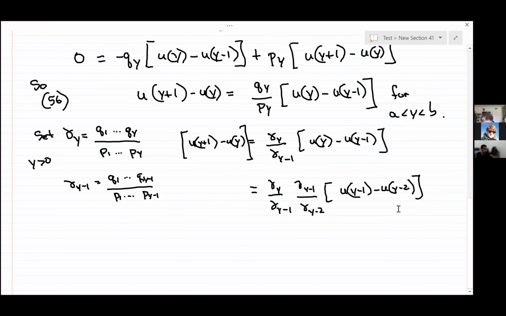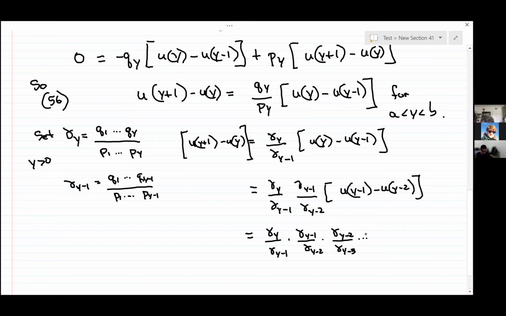If we keep doing that, same kind of substitution, what we're going to get in the end will look like this. Gamma of y over gamma of y minus 1, times gamma of y minus 1 over gamma of y minus 2. The next one would be gamma of y minus 2 divided by gamma of y minus 3.